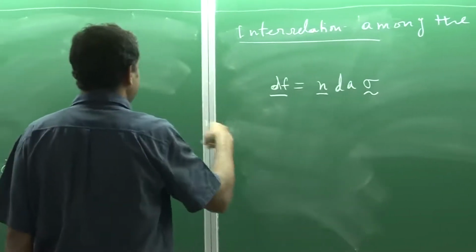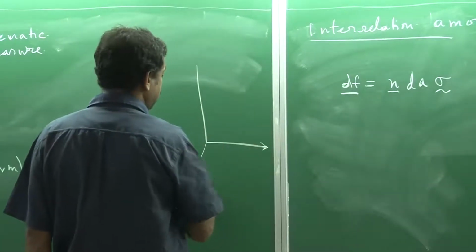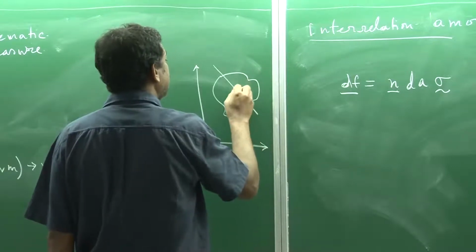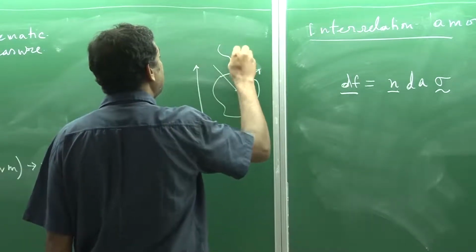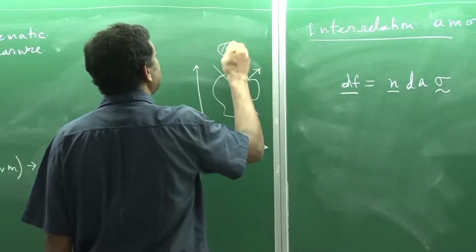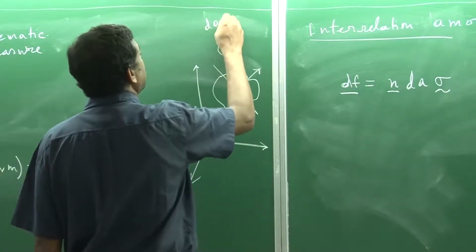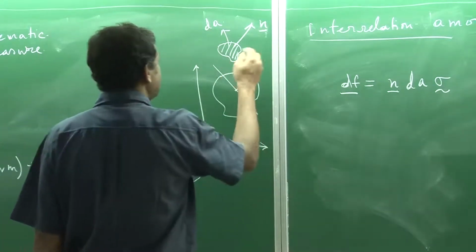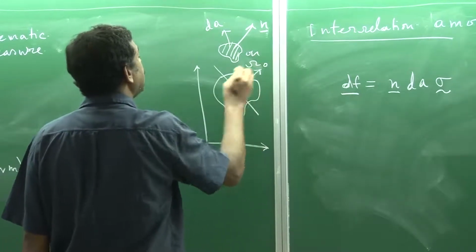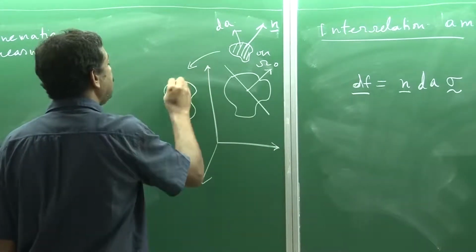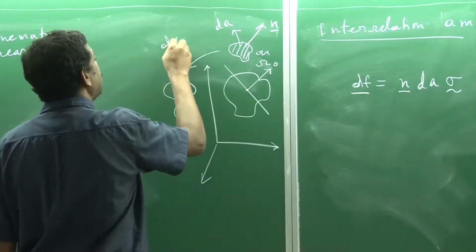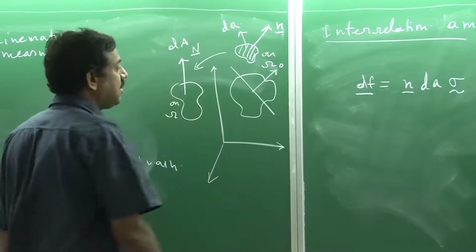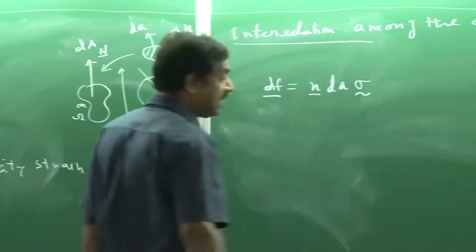So, there is a body, and in that body you are cutting, on some surface. I denote this surface as dA, and the unit normal is n bar in the deformed configuration, that is the Eulerian. In the undeformed configuration, the same thing we denote as capital dA and capital N bar. So, df bar is nothing but what?